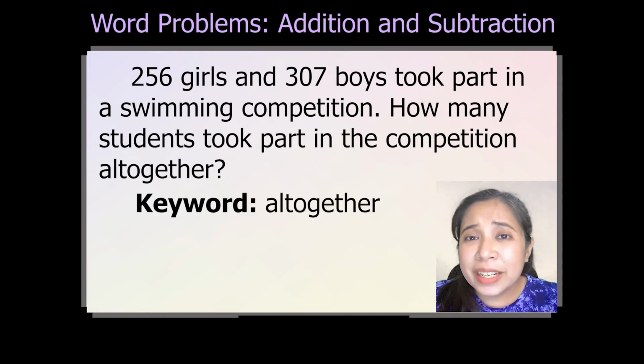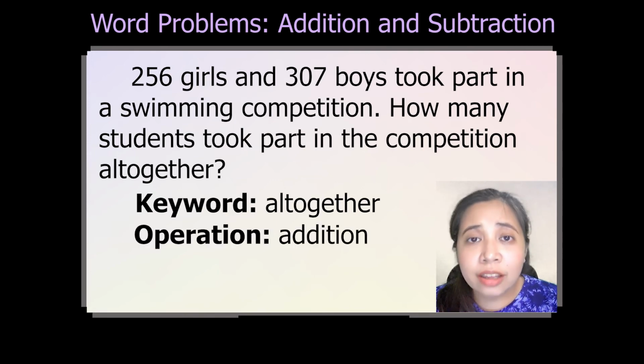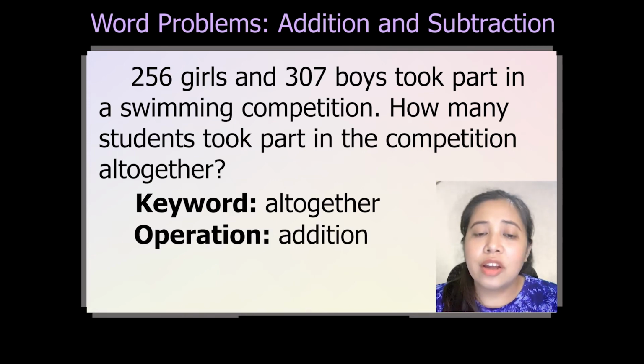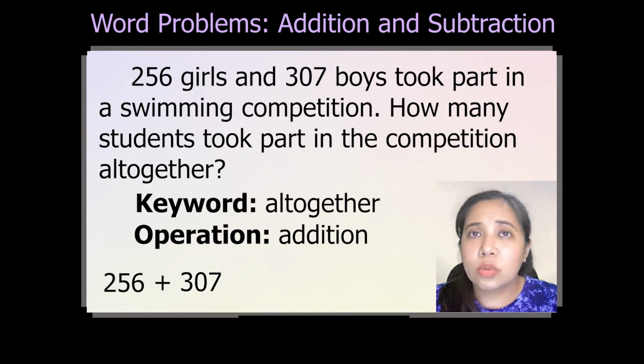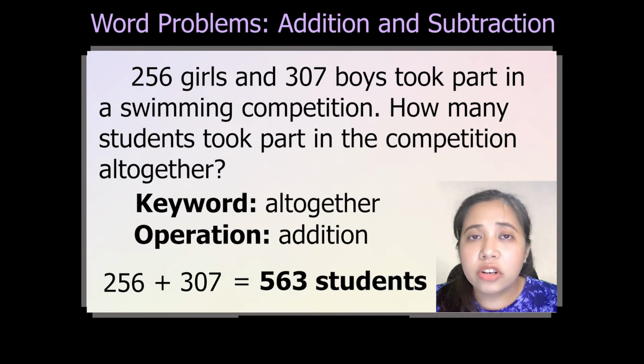At muli, kapag nakita natin o narinig natin ang salitang altogether in a word problem, that means that we are going to add the numbers. Okay. So, 256 plus 307 is equal to 563 students.